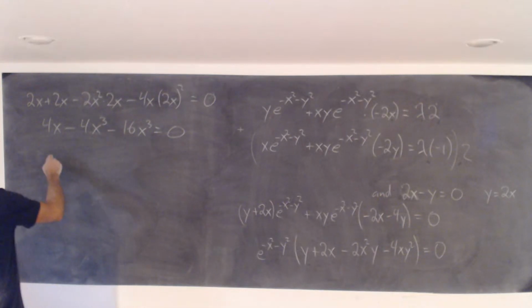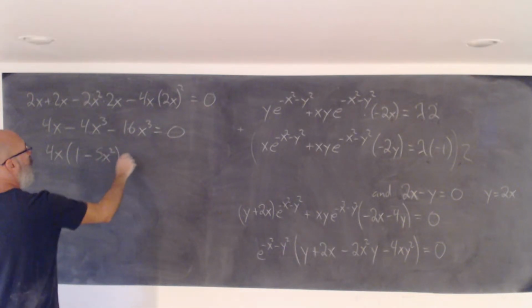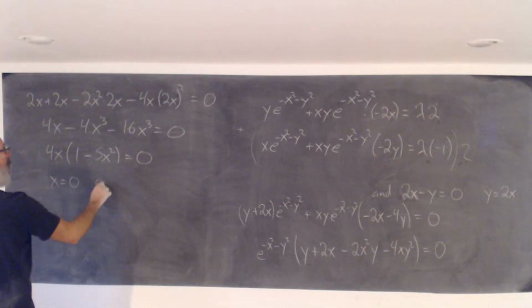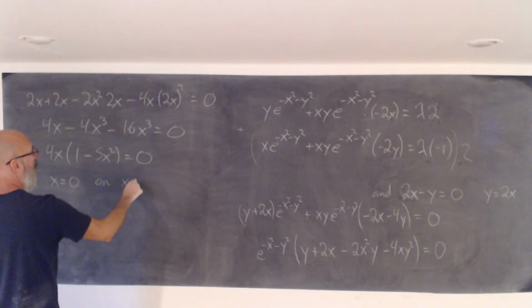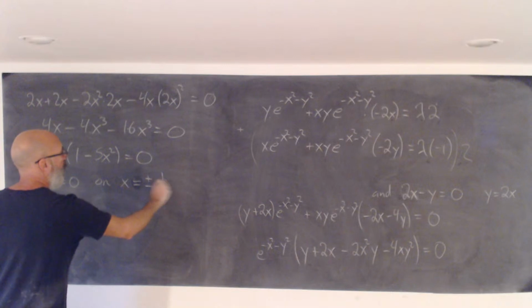So that is 4x minus 20x cubed. Let me factor out a 4x: 1 minus 5x squared. So x is 0, or x is plus or minus 1 over root 5.